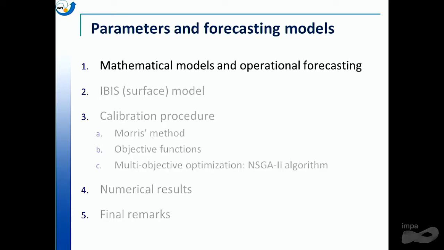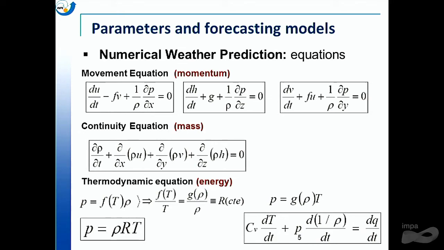Okay, so for example, when you are trying to do some numerical weather prediction, you need to solve this set of partial differential equations. This is a particular approach for the Navier-Stokes equation. And so we have a momentum equation.